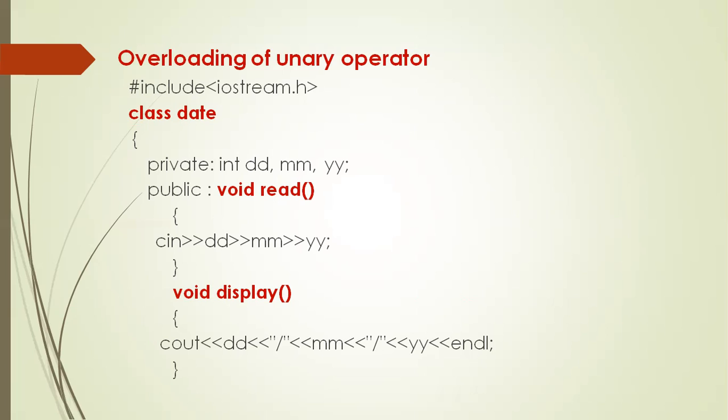On the other hand, if you write it as a friend operator function, then for a unary operator, one object is a must. Similarly, if you write the operator function as a member function, in order to overload a binary operator, one parameter is enough. And if you write the same thing as a friend operator function, then two objects or two parameters are necessary. That means for a unary operator, the member operator function takes no argument and the friend operator function takes one object, one parameter. And in case of a binary operator, the member operator function takes one parameter, and the friend operator function takes two parameters.